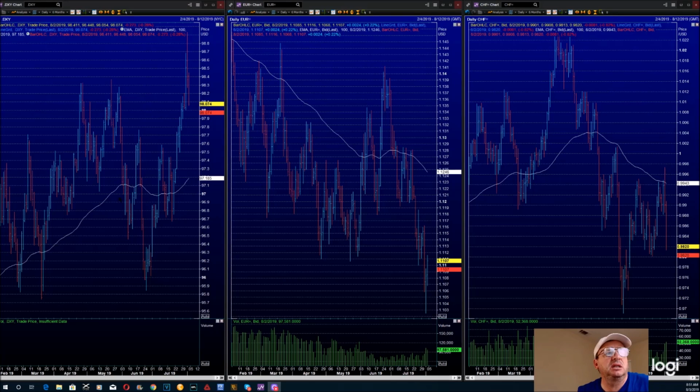If the dollar index is above the moving average, the Swiss franc can go the same, above the moving average. It's not exact, but the euro is more of a reflection of the dollar. If this goes above the moving average, this goes below. If that goes up, the euro goes down. If this goes down, the euro goes up.